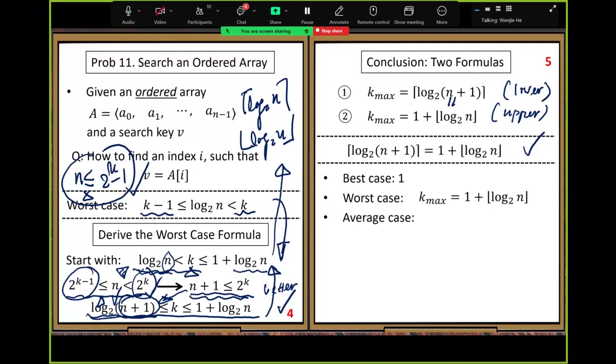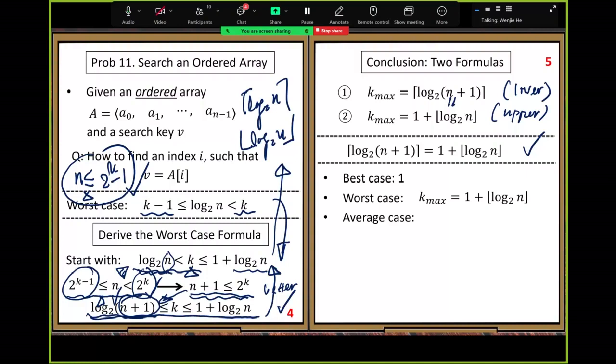Here I want to use this average case to help you understand how to calculate average case efficiency in the right way. Because if I do not emphasize this point, so many students may use the wrong way to calculate the average case.